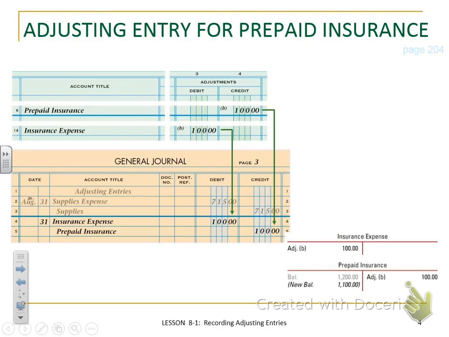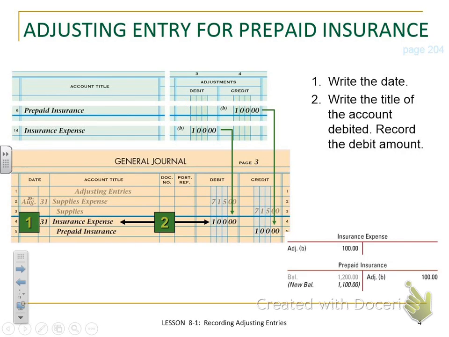Okay, same thing here. We're doing the exact same thing with our prepaid insurance. We're going to write the date. By the way, when we do our journal for the adjusting entries, we're going to put the title for the adjusting entries in our journal.